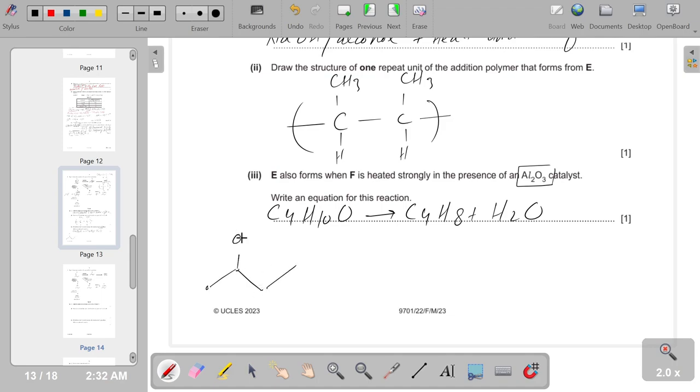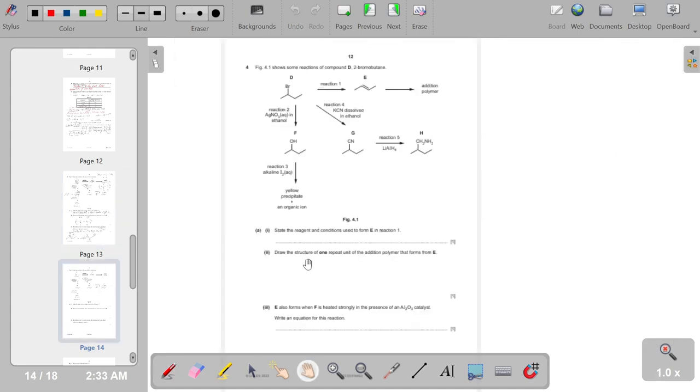You can see the double bond is here, OH, and one hydrogen from here. What I told you, they are removing, and you will get the double bond here. So carbon 1, 2, 3, 4: 3 hydrogens are there, 1 hydrogen is here, 1 is here, and 3 here. That is 8. And this OH and H will become your water.